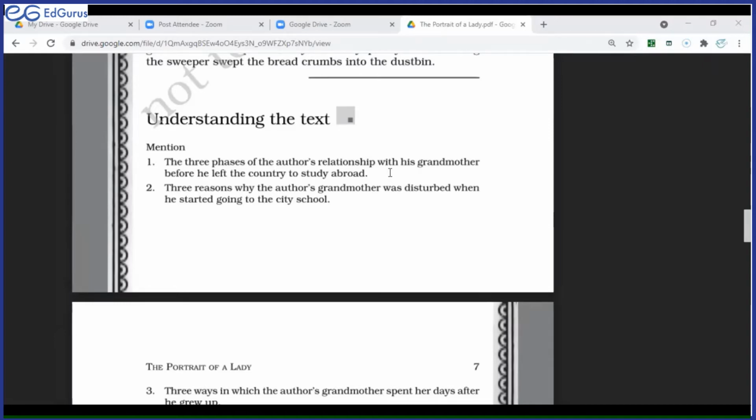And the third phase was when he went to the university for the higher studies. Then his room was separated, and the author felt as if the link of their friendship was snapped. Do you think it was snapped?